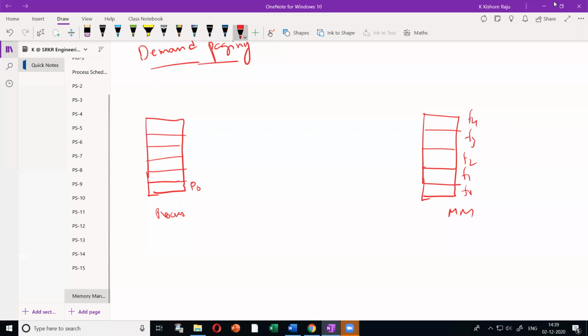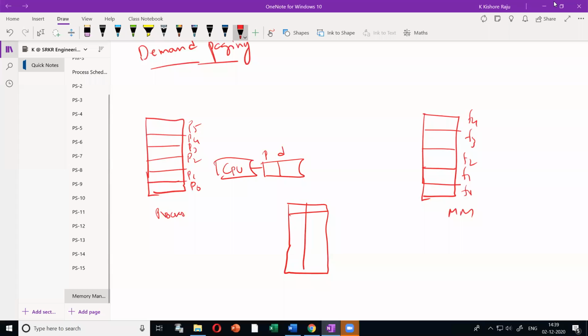Then P0, P1, P2, P3, P4, P5. Then the CPU will generate the P and D, and this is the page table and page number. How many are there? 6. Please try to understand the concept.